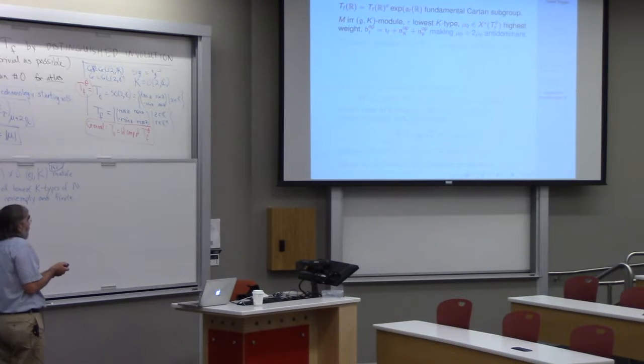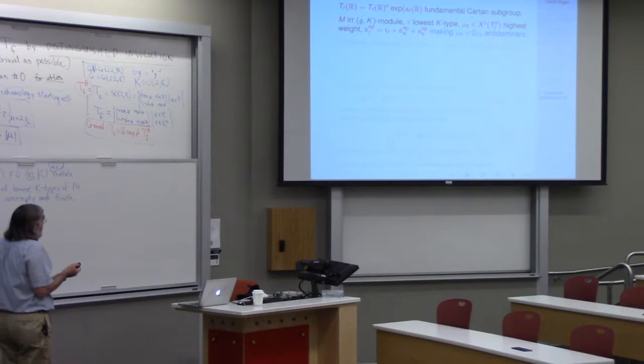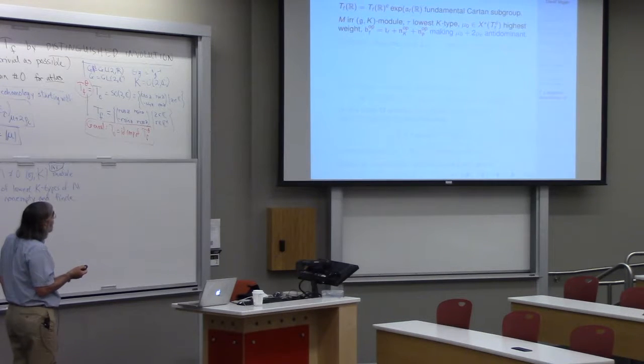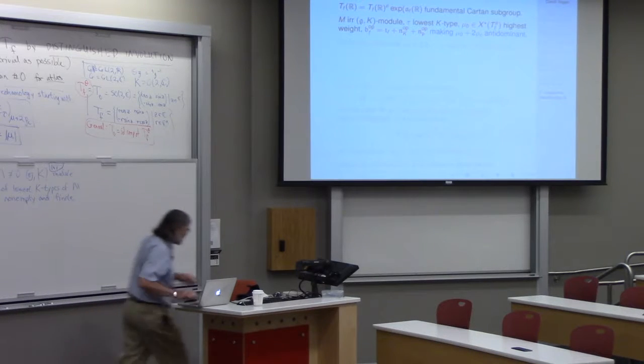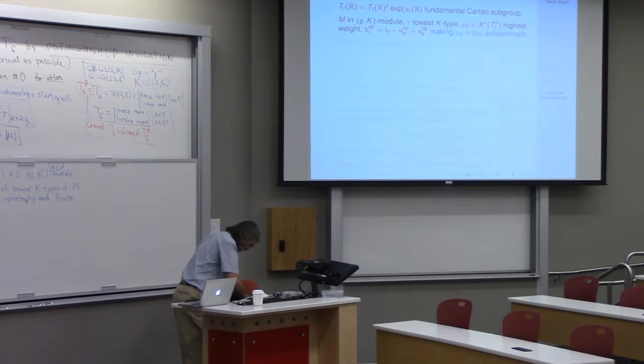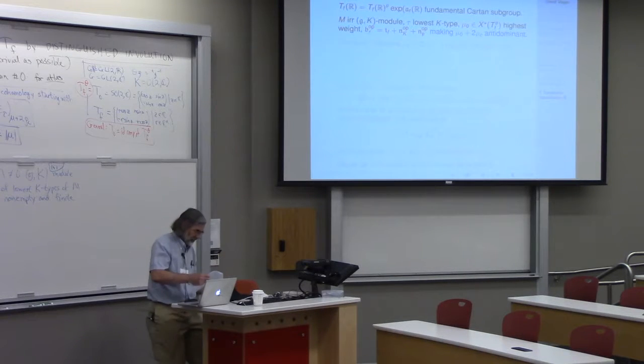I'm still talking about an irreducible GK module. Sorry, I should have called this tau naught, a lowest K type. Actually, let me make notes of the typos so that I fix them later.